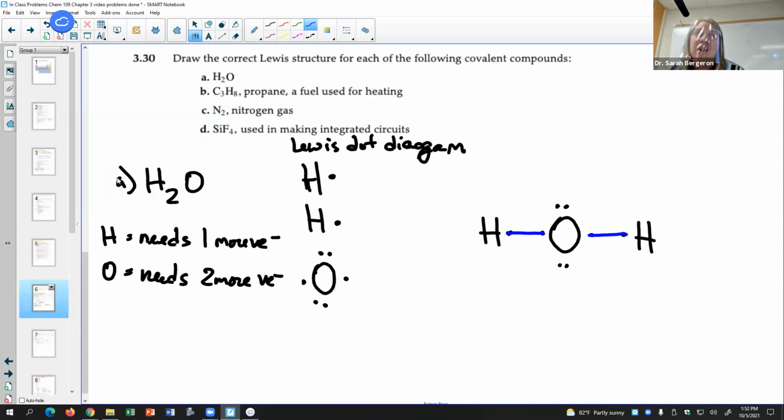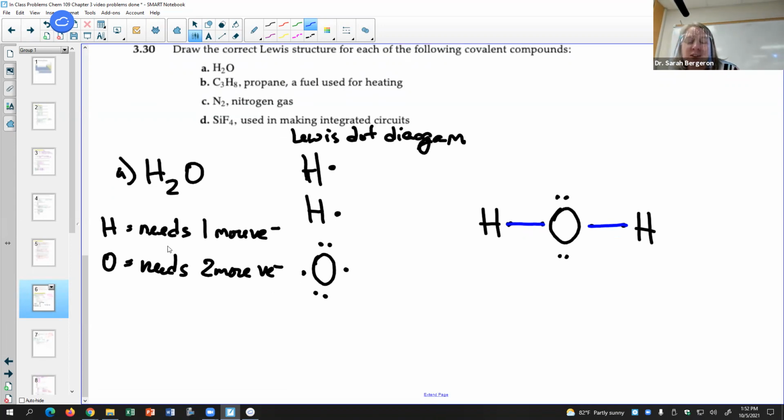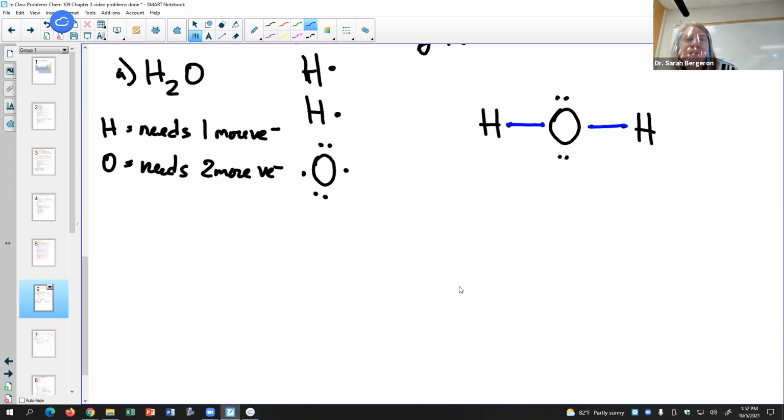Now, do you see water drawn like this anywhere in your book? Nope, why not? How do you see it drawn? See if I can extend the page. You see it bent, right? So oxygen in the middle, hydrogen is pointing down, and then 2 pairs like that, right?